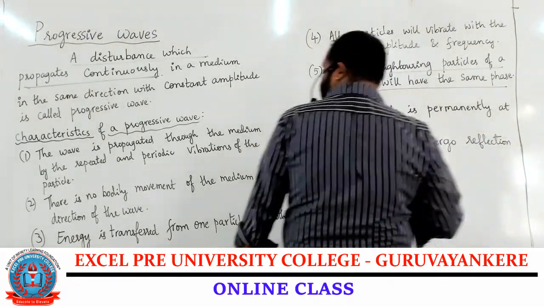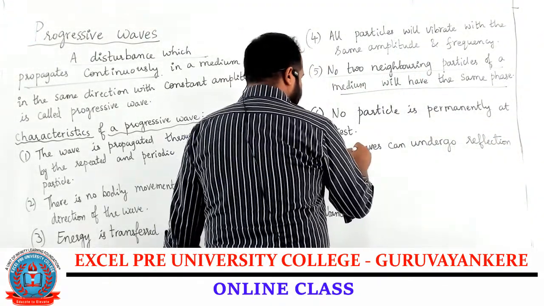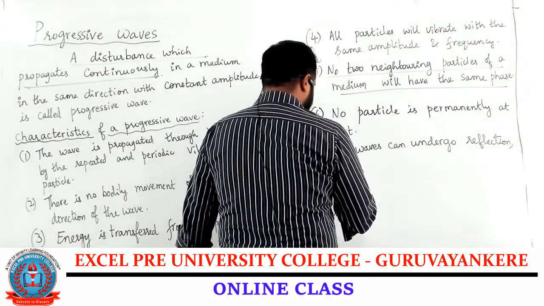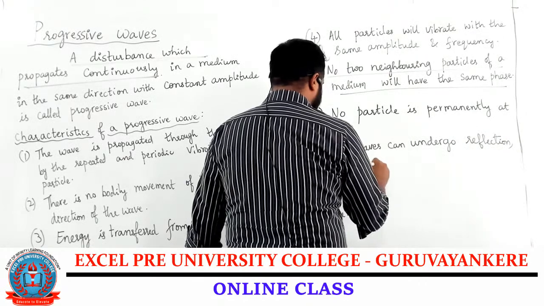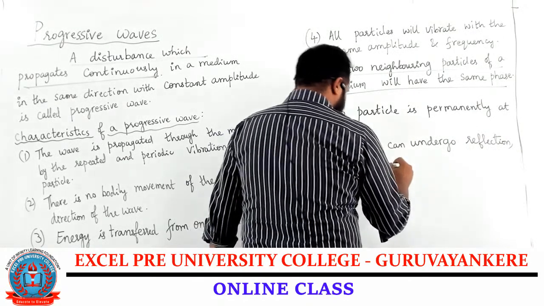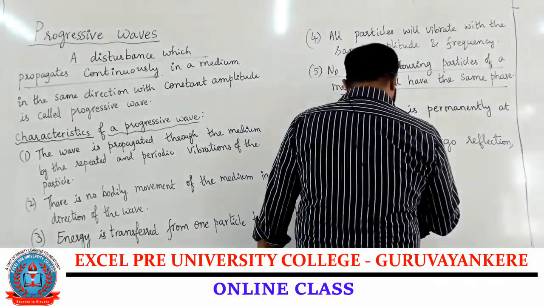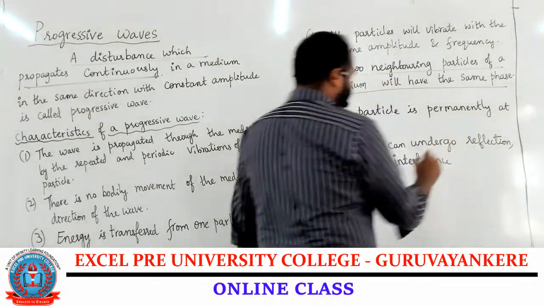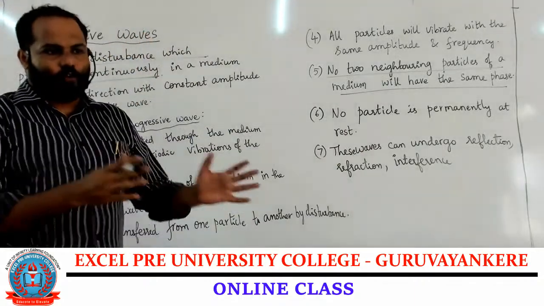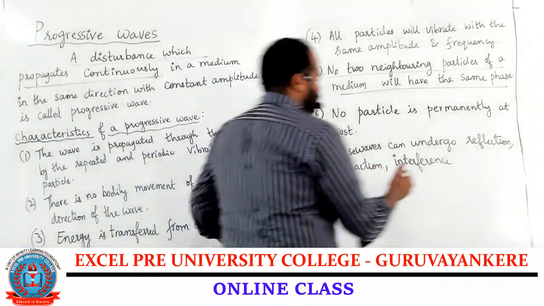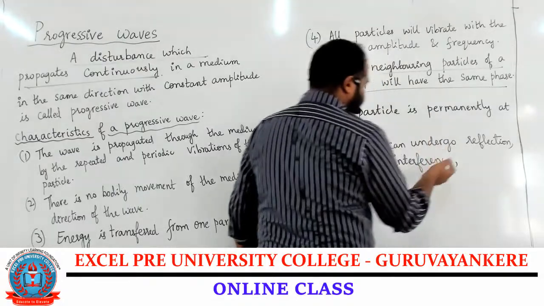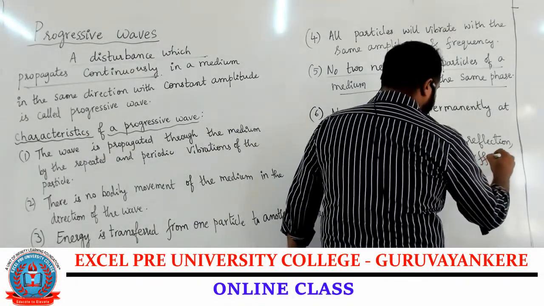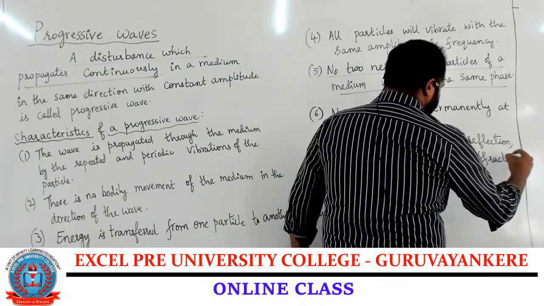These progressive waves can undergo reflection, refraction, and then interference, which you are going to study in second PUC. Interference of two waves. Of course, a part of it is there. Superposition of waves, we will study that also. Interference, diffraction, obviously you are going to study in second PUC.